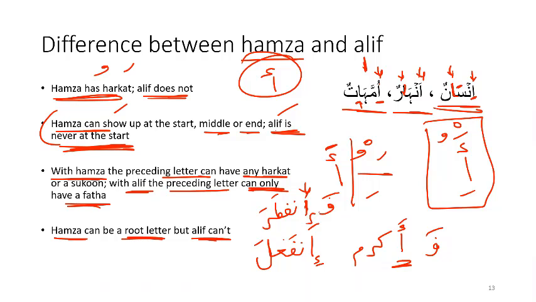But if I have a fa before, or some other letter with a harkat, then this is a Hamzatul Wasl, so it will become fanfatara. With those last three babs, the first Hamza is Hamzatul Wasl, whereas with Akrama, the Hamza is not a Hamzatul Wasl. You will always pronounce it.